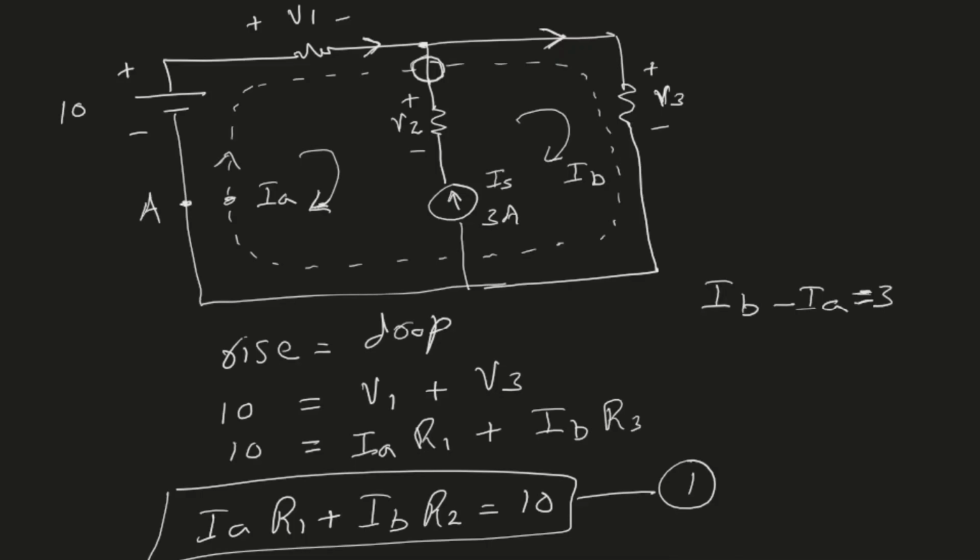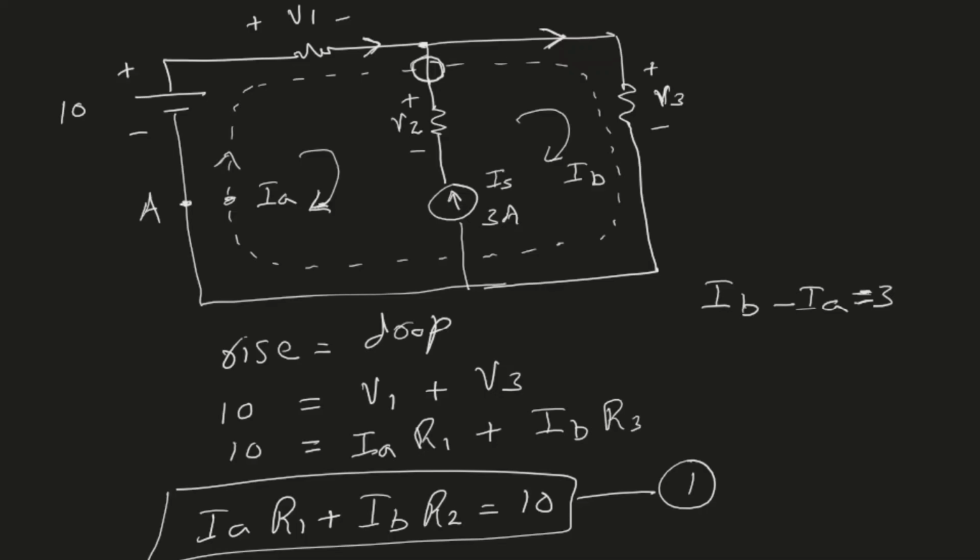Now, this would be my second equation, but the important point here is now to understand if this is the case. So you see the current in this branch where we have a current source, it's 3 amperes. So we know that the current is fixed at 3 amperes, and that current has to go upward, which is the same direction as IB.